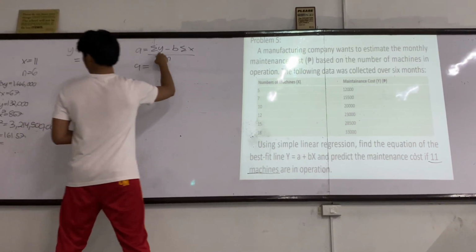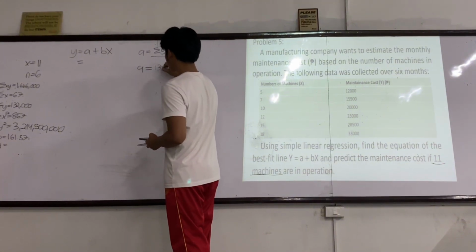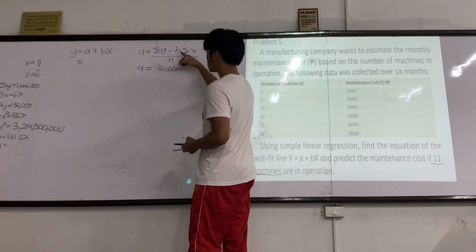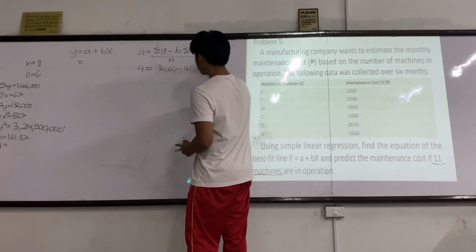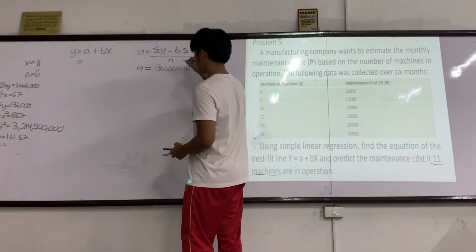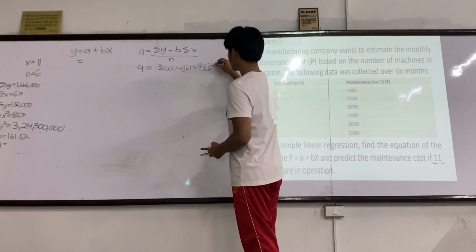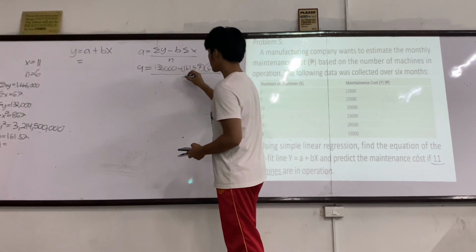So summation of y is 132,000 minus b is 161.57 times the summation of x, which is 67 over n, which is 6.